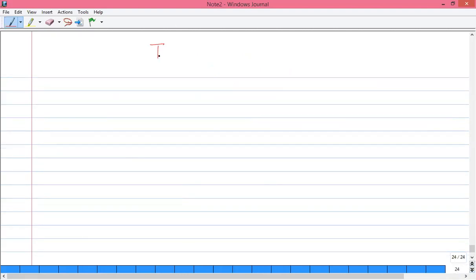So, transfer of value. Now, assuming the donee has to pay tax, let's write it down.